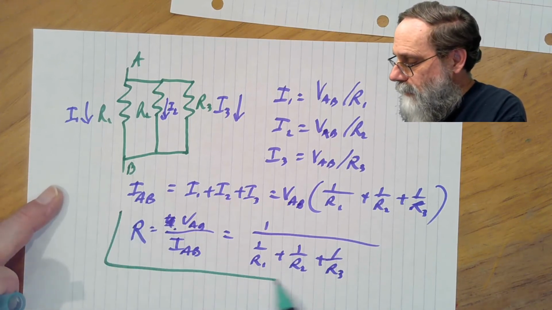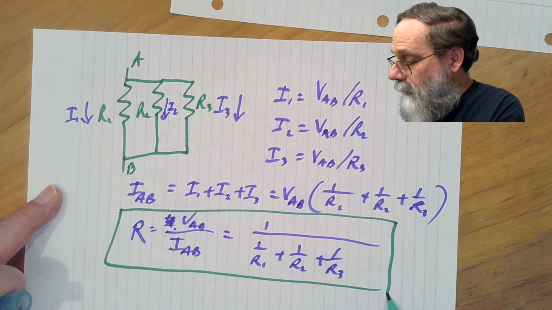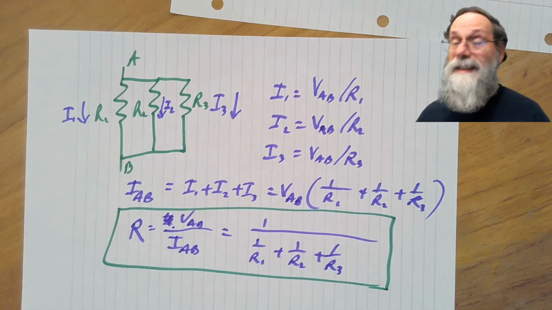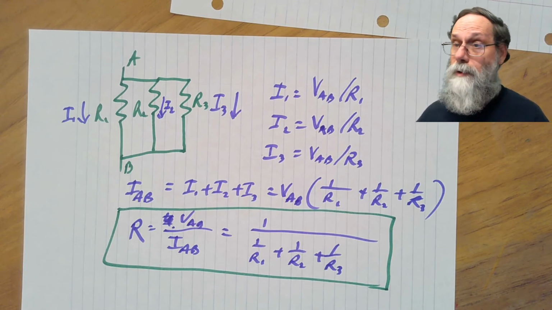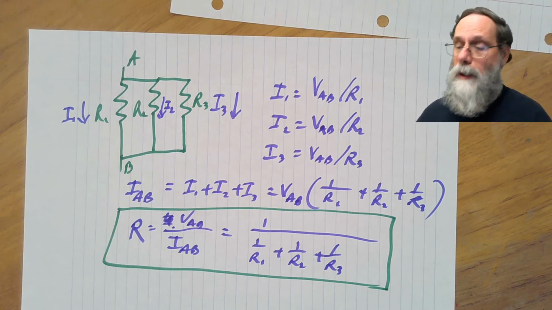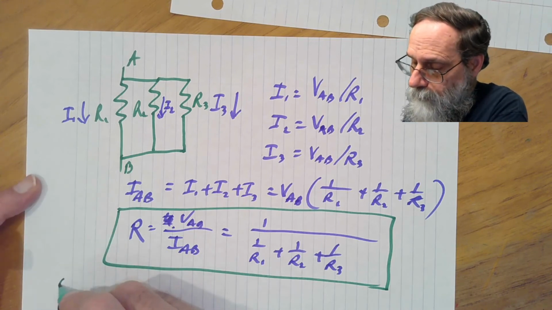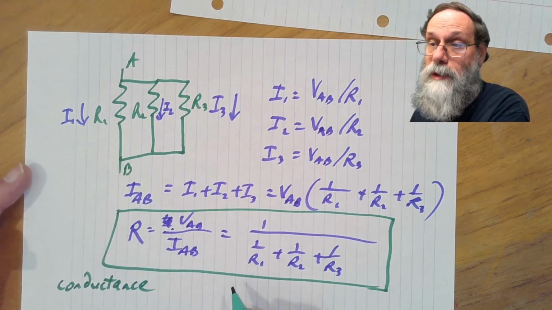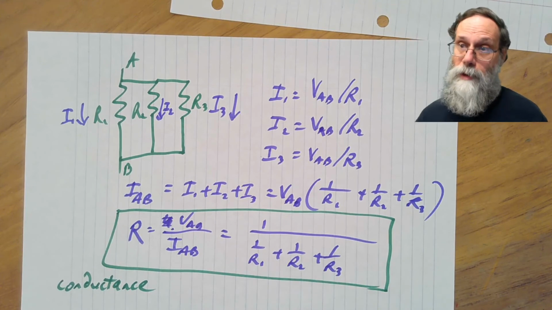And that is the basic formula for resistors in parallel. It's a little messier than the one for resistors in series, but there's a nice way to think about it that makes it just as simple. If we think of conductance instead of resistance, conductance is just 1 over resistance.